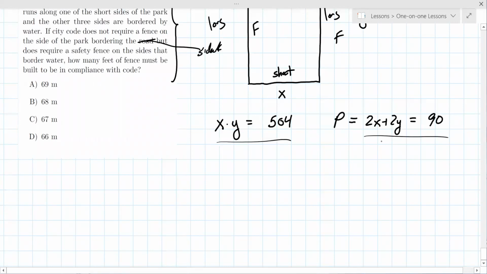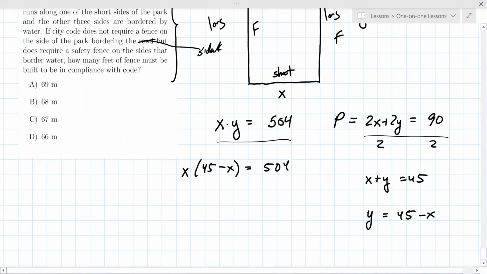So this one, if you divide both sides by 2, you get X plus Y equals 45. And then Y is the variable you generally solve for, so you get 45 minus X. So you have X times 45 minus X equals 504. Then 45X minus X squared equals 504.